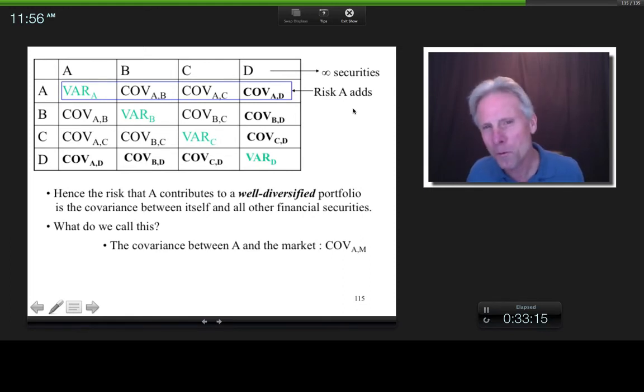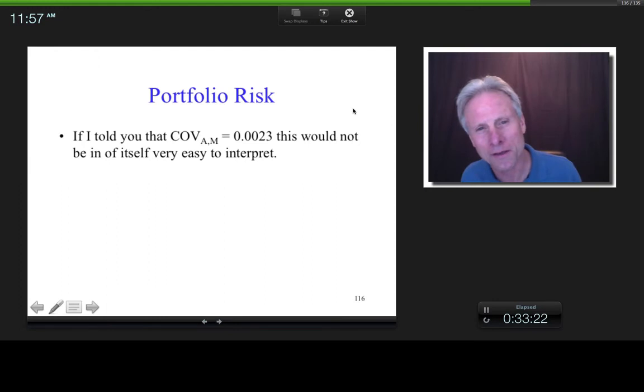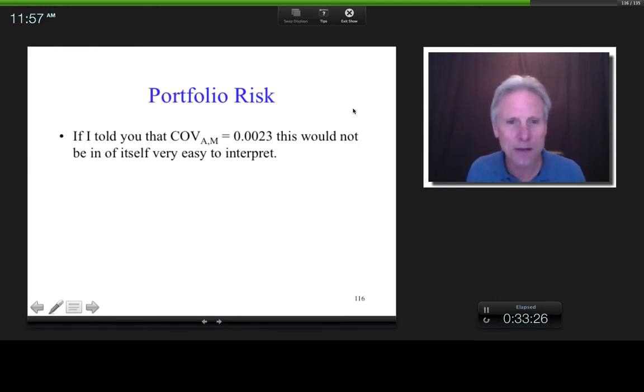Now, we've still got one more thing to do to make it manageable to work with this, because if you recall, I told you earlier that if I told you that, say, the covariance between, say, A and the market was, I'm just making up this number, 0.0023, I couldn't tell you in English what that really means unless I just regurgitated the formula verbally.